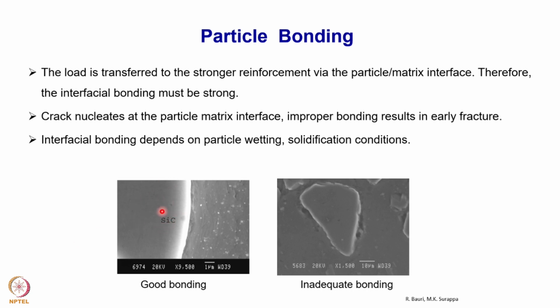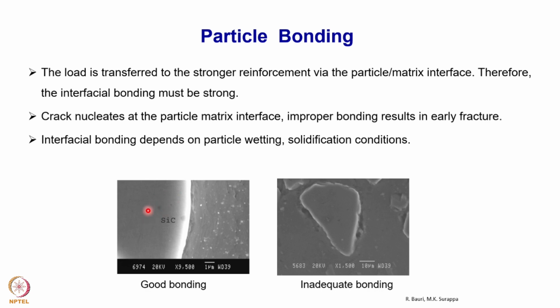This is the silicon carbide particle on the left hand side, and the right hand side is the aluminium matrix. This is the kind of bond that we expect to form between any reinforcement and the metallic matrix. Only when you have a bonding like this can you expect better properties in the composite.